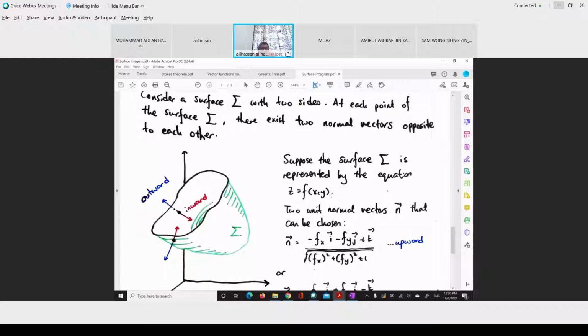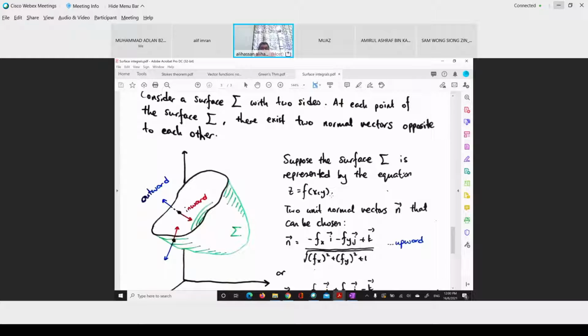Why is a surface also oriented? We know a curve can have an orientation, but how is it that sigma has an orientation also? That is also something we need to understand. This is the orientation of a surface.